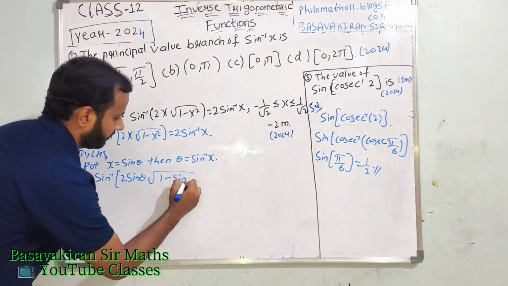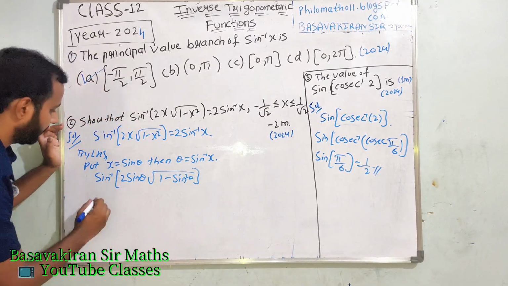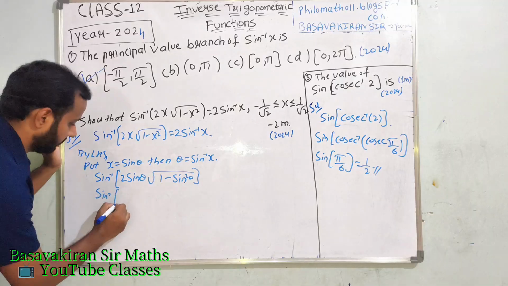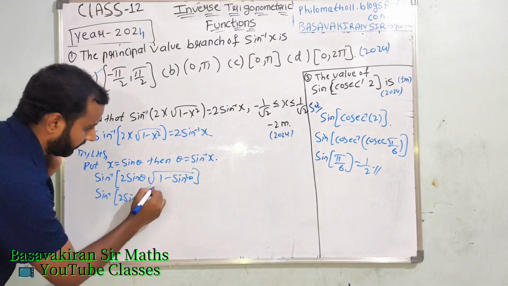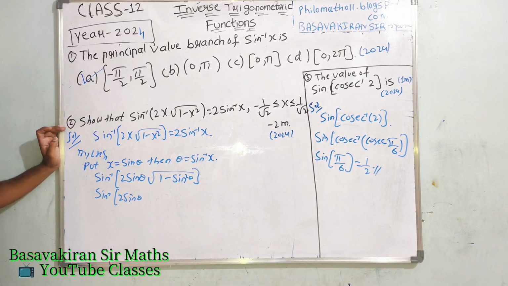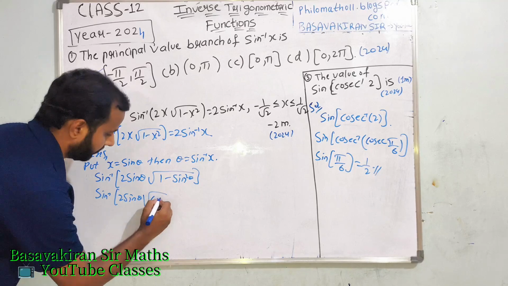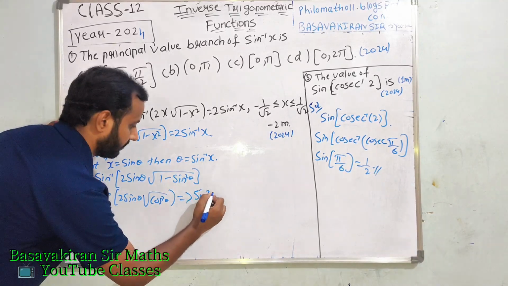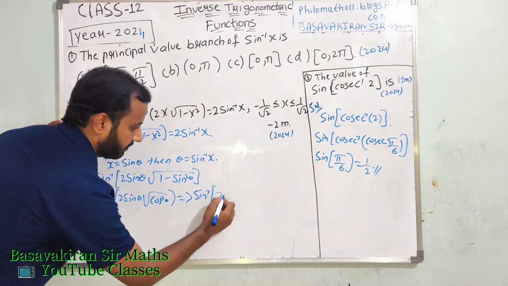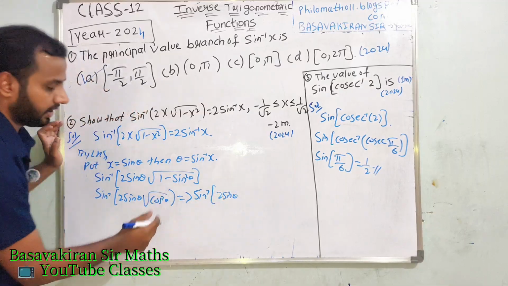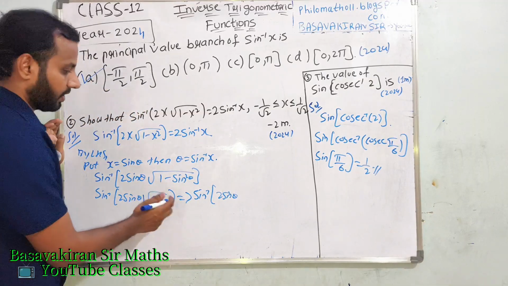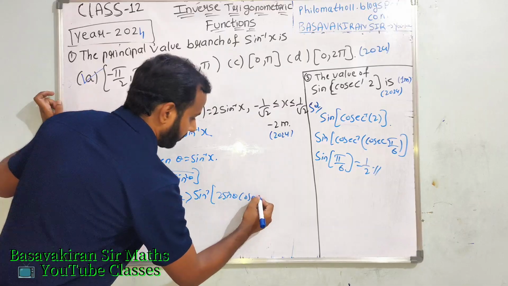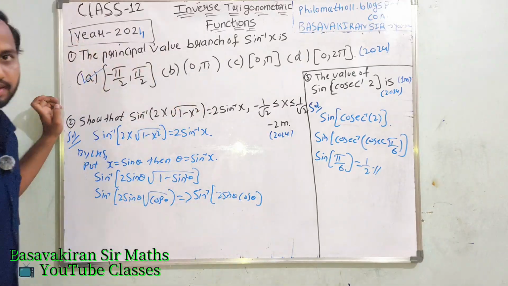Let us substitute. Sin inverse of 2 sin theta under root of 1 minus sin square theta. What is 1 minus sin square theta? It will be cos square theta. Under root cos square theta, root and square get cancelled, left with cos theta. 2 sin theta into cos theta, what can we write it as?